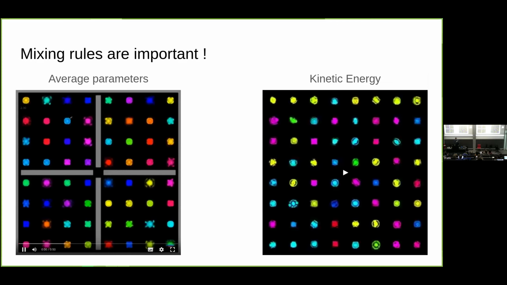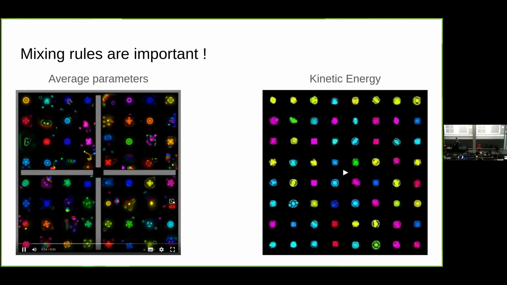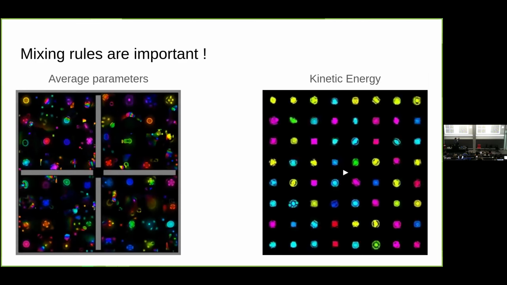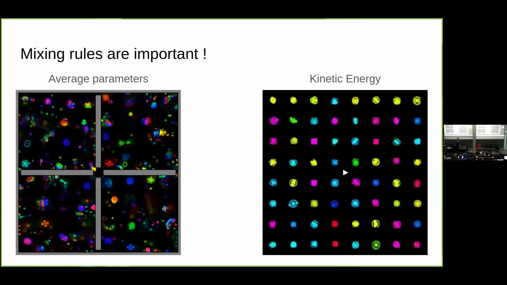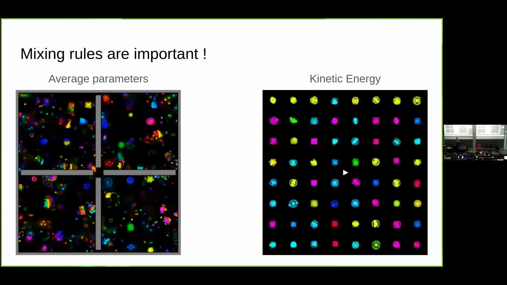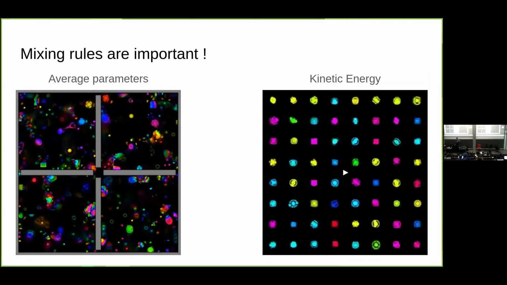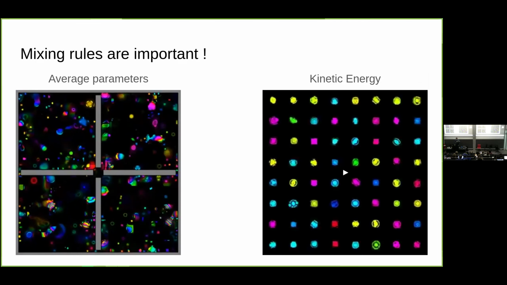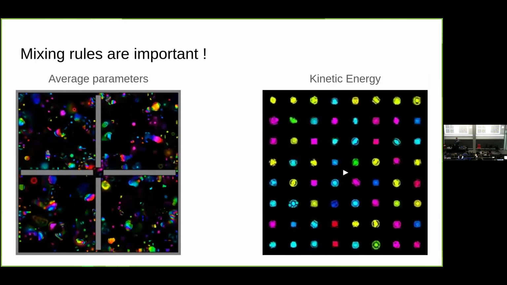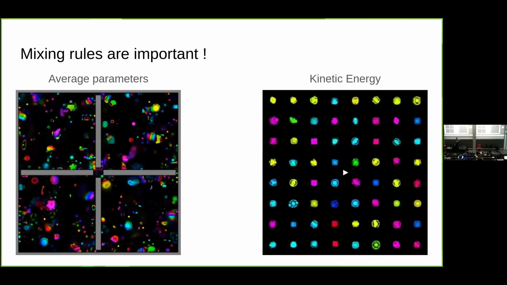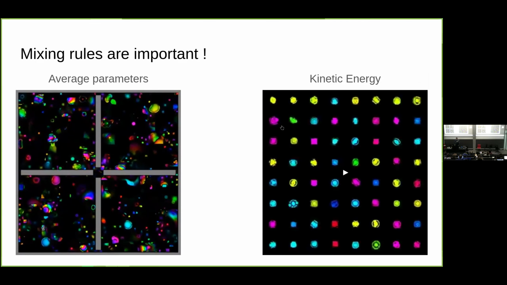For example, if the new parameters of the cell are the average of its neighbors, like on the left, we will have some kind of uniformization, and the dynamics will in the end be the same everywhere.